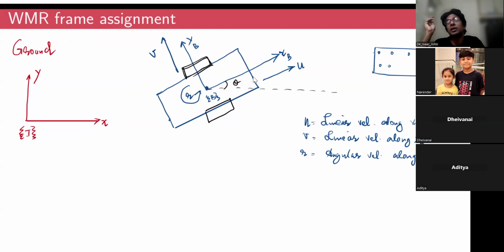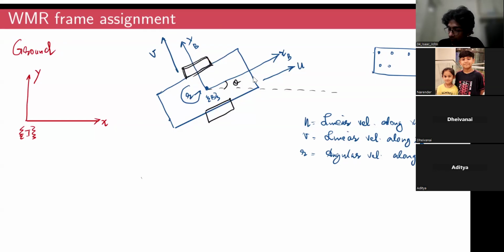Right? And in the subsequent, upcoming weeks, we will see how to map these u, v, r, the velocities in the xb direction, the yb direction, and the rotation r, as inputs to the wheels. You need one more mapping so that this u, v, r can be mapped to the angular velocities of the wheels, and that depends on the configuration of the wheels you have.